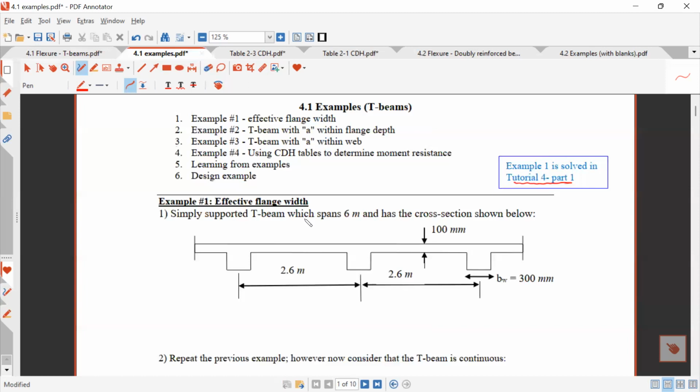We have a simply supported T-beam, which spans 6 meters and has the cross section shown below. This is like a section through that floor system, and we're trying to determine this BF. So if we remember, here's our T-beam, it's going to look something like this.